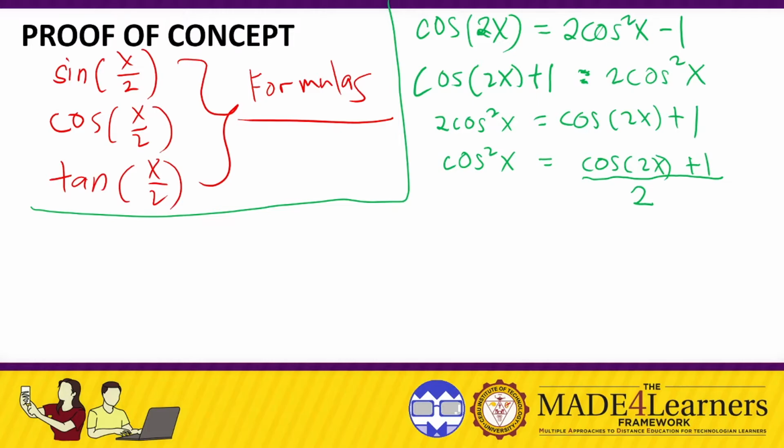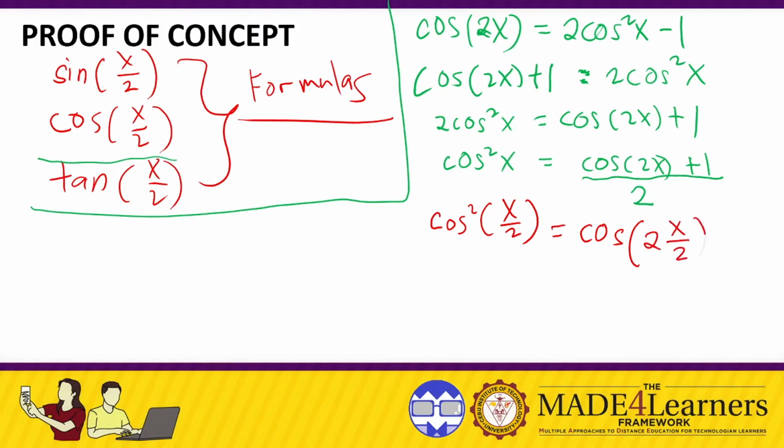But take note, our goal is not to have cos squared x. Our goal is to have cos of x over 2. To do this, we simply divide our angle by 2, so we will have cos squared x over 2. Using substitution, our x becomes x over 2, so we have 2 times x over 2, plus 1, all over 2.